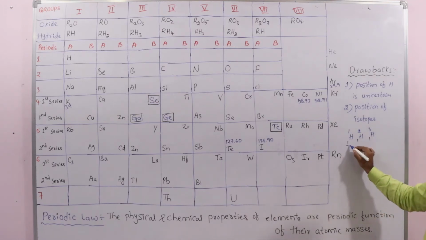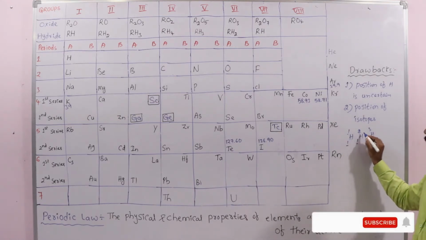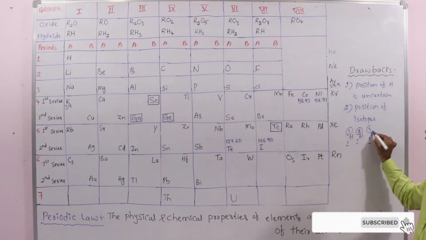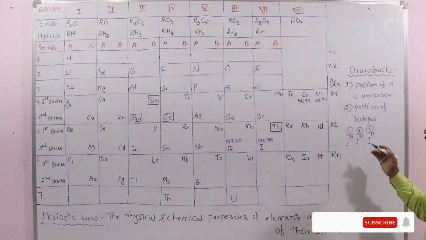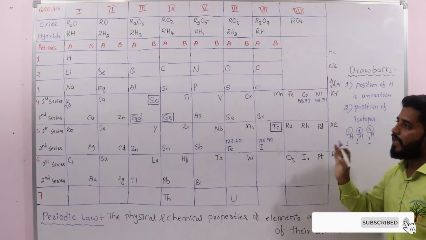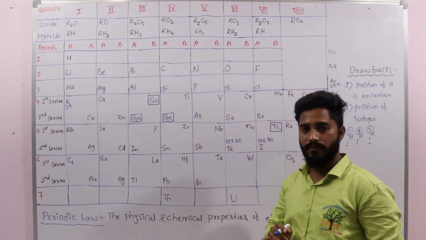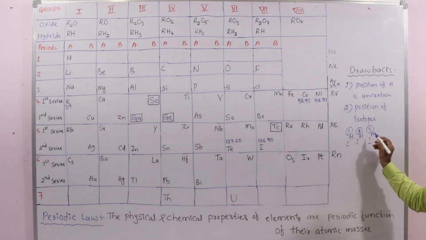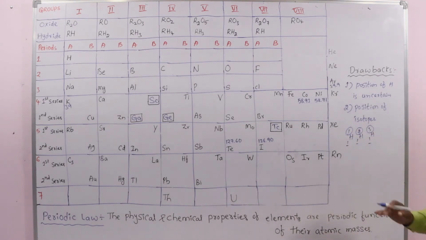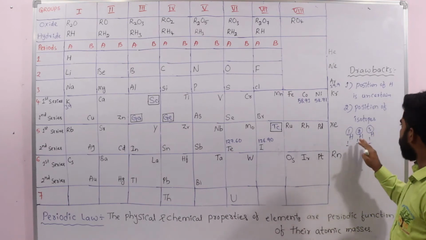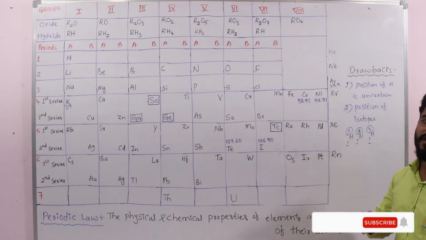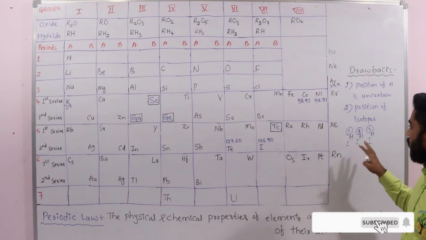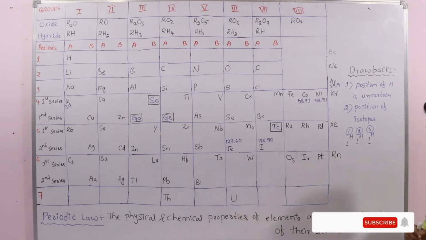They have the same atomic number but different mass. When they have different mass, they should be placed separately in his periodic table, but these isotopes are not placed in Mendeleev's periodic table. That is one of the drawbacks.